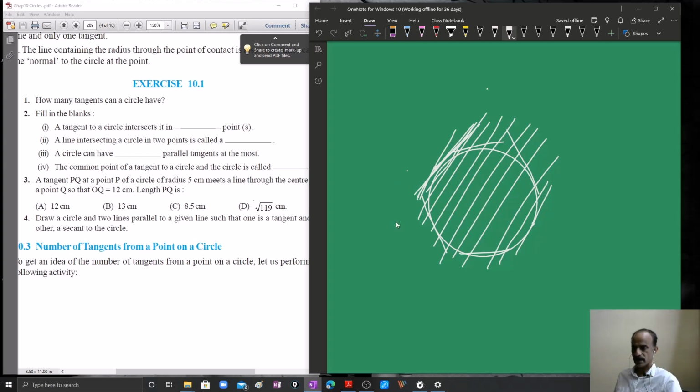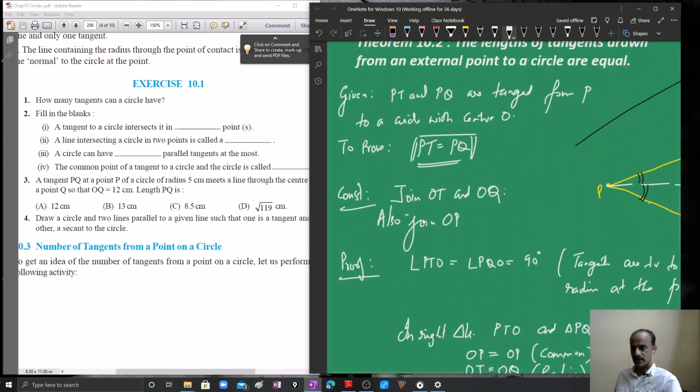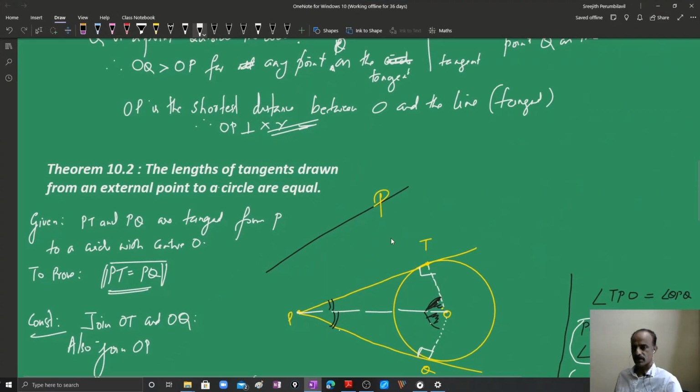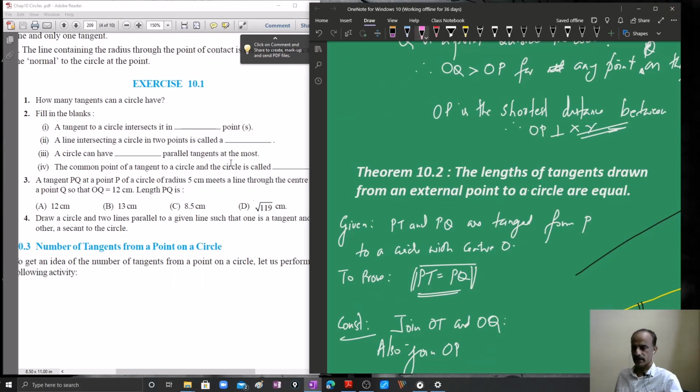tangent to a circle and the circle is called what? That means the point common to the circle and a tangent is known as the point of contact. So those are just simple fill in the blanks.